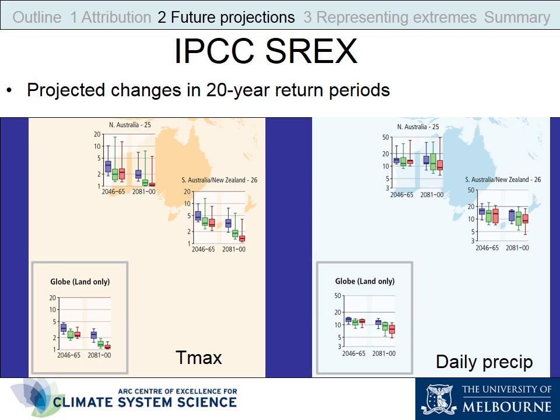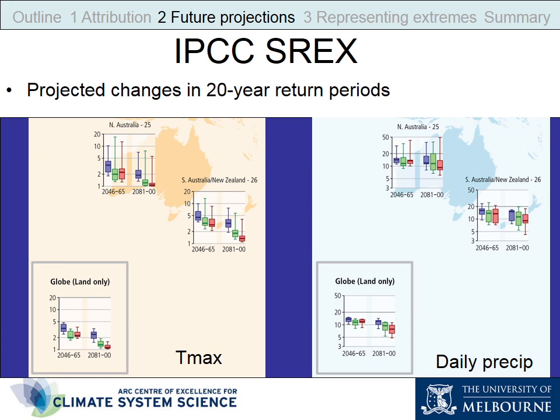So if we pick out this example for South Australia for maximum temperatures, if we look right at the end of the next century under this high emissions scenario, a once in 20-year event that occurred recently is likely to occur every 1 to 2 years, and even more frequently for Northern Australia.